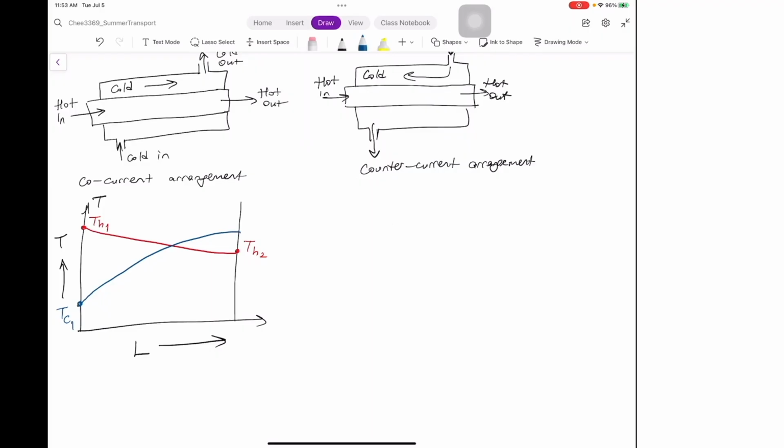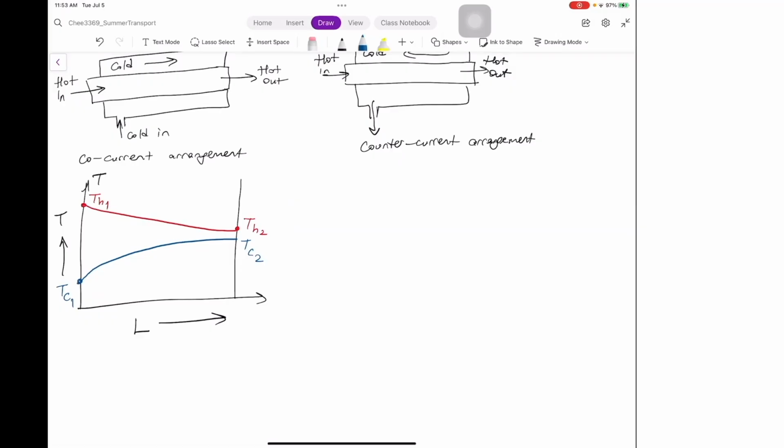Is this possible? No, it's not possible, because you should have the cold stream heated up below the hot. So the theoretical maximum is going to be the hot temperature. It cannot be larger than the hot, otherwise the heat is not going to transfer anymore. This is T cold 2. This is the concurrent arrangement. Okay.